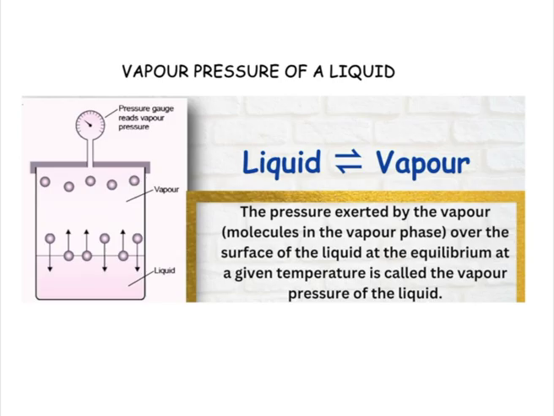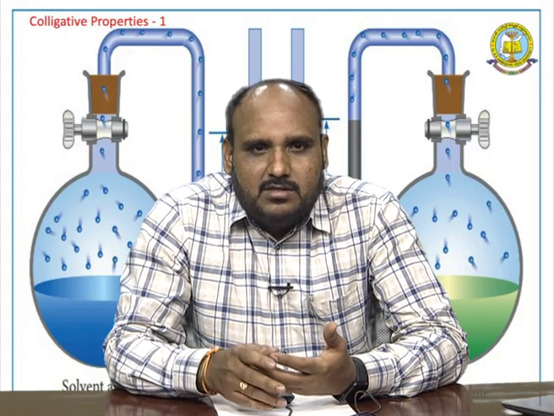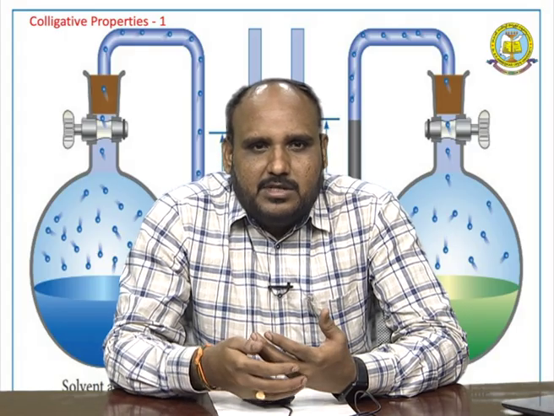One of the properties, vapor pressure, we have discussed. What is vapor pressure? If we consider a liquid solvent and provide temperature to it, the liquid becomes vaporized. When the liquid is in equilibrium with its vapors, the rate of vaporization, that is how many liquid molecules are converted into vapors, is equal to the rate of condensation, at which vapors are converted back into liquid as the temperature decreases.